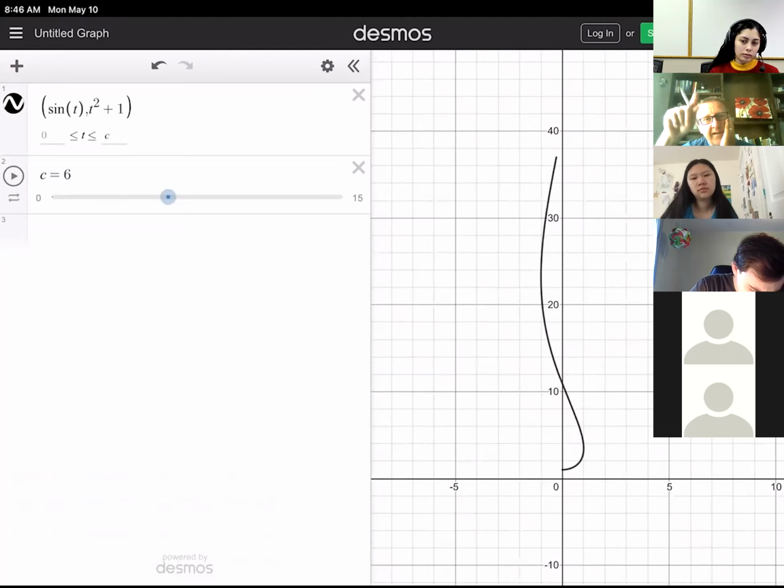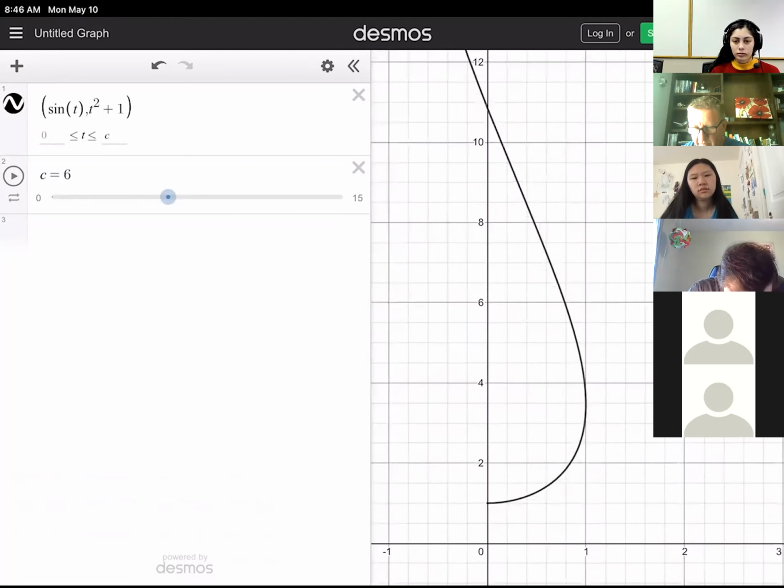If this is something flying along that path, it'd be cool to know how long the flight was. Or we might be interested in slope. One of the interesting places is right here. Isn't the slope vertical right there? Where is the slope actually vertical? Or what's the slope at 1 second? I might want to know the slope, I might want to know the arc length. That's why this is in calculus.